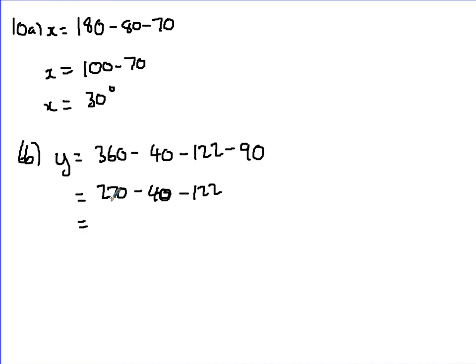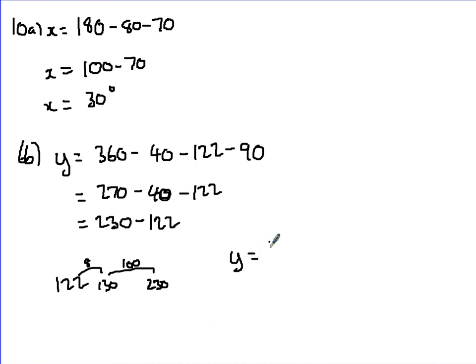I'm then going to take away the 40, which gives me 230. And then I'm going to count up. So from 122, add 8 on, gives me 130, and go straight to 230 there by 100. So it's going to be 8 and 100, so Y will be 108 degrees.